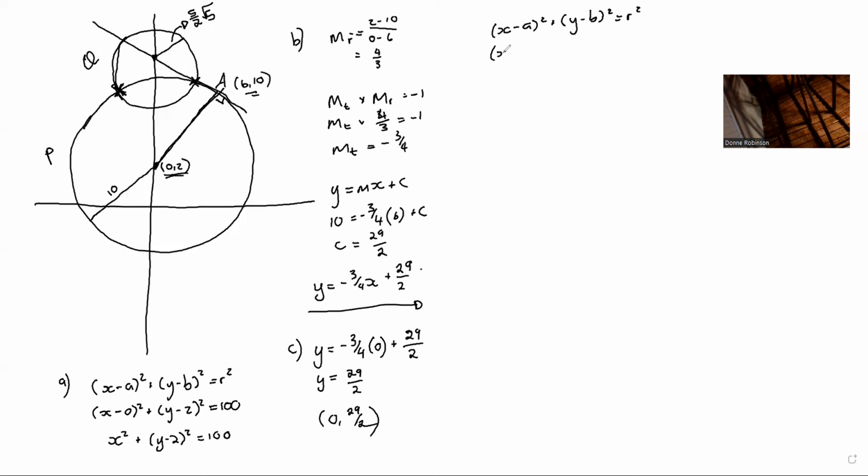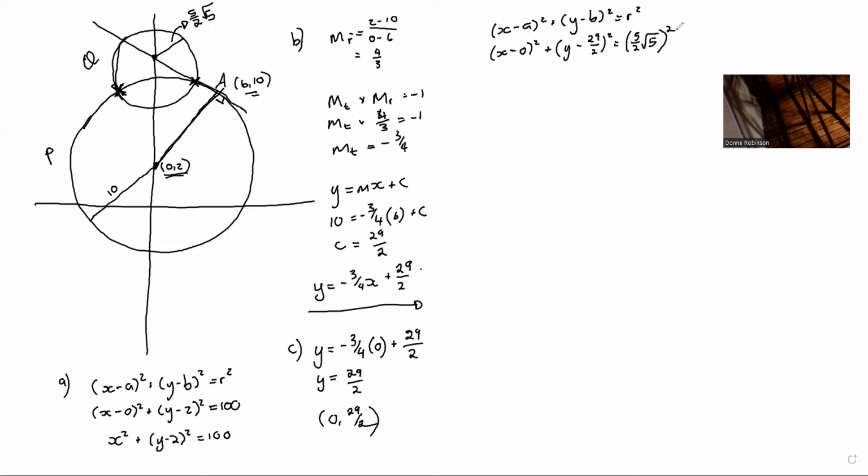Okay, so we have x minus our a, which is 0, squared plus y minus b, which is 29 over 2, squared, is equal to our radius, which is 5 over 2 root 5, squared.